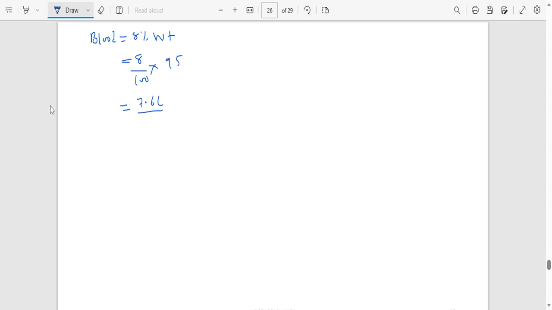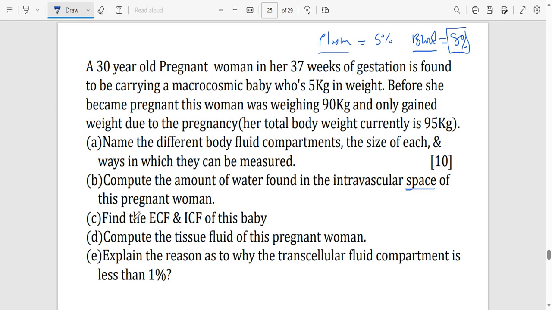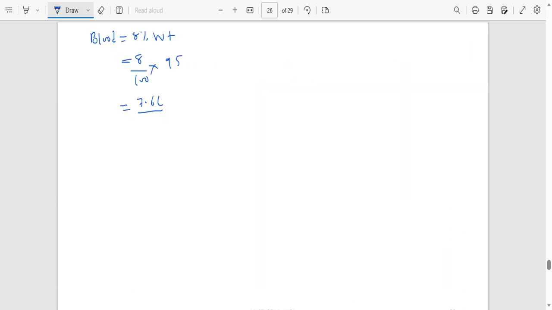What was the next question? Find the ECF and ICF of this baby. Right. So the ECF and ICF, in a normal adult man, ICF is about 40% of the weight, and ECF is about 20% of the weight.